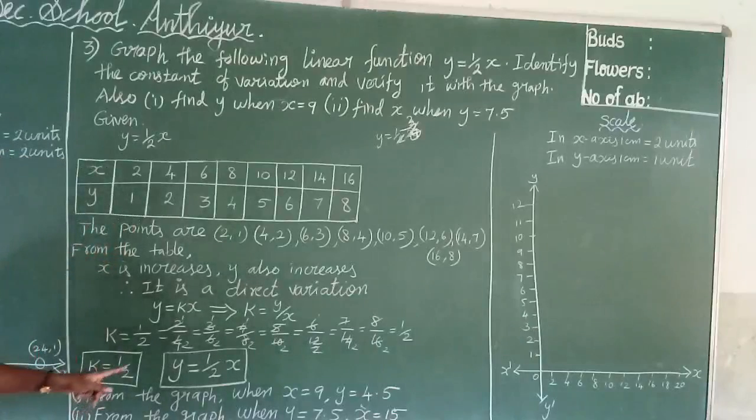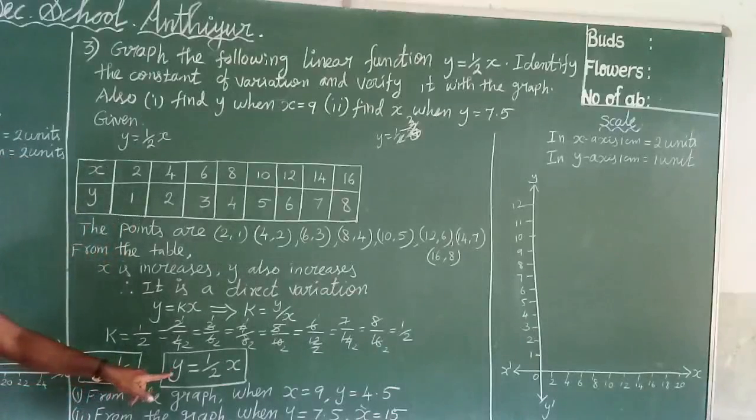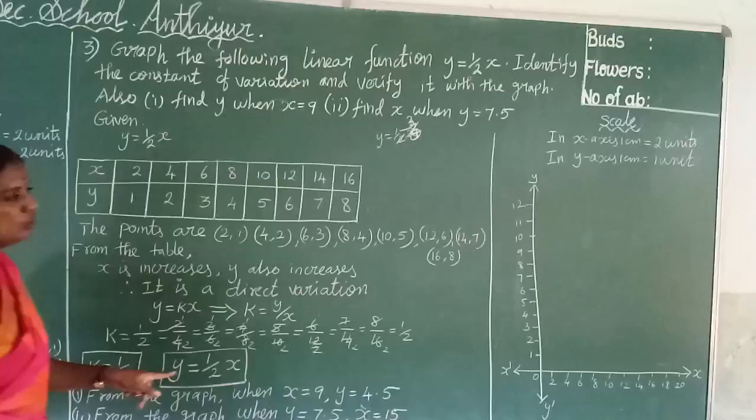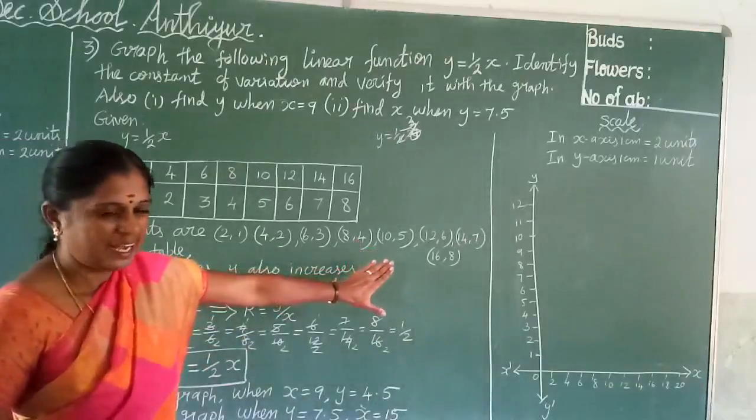Therefore k is equal to 1 by 2, and the equation is y equal to 1 by 2 x. Using this value, fill the graph.